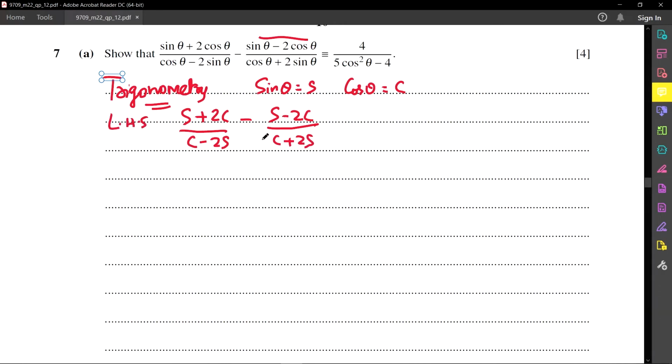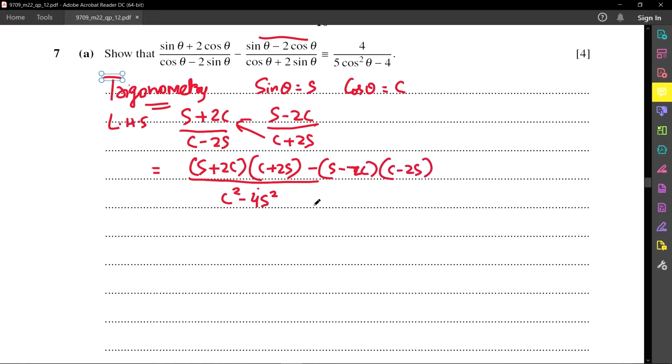So let's take the left hand part. When you simplify this, c plus 2s into c minus 2s will be c squared minus 4s squared. You can multiply this. You have s plus 2c into c plus 2s minus s minus 2c into c minus 2s.